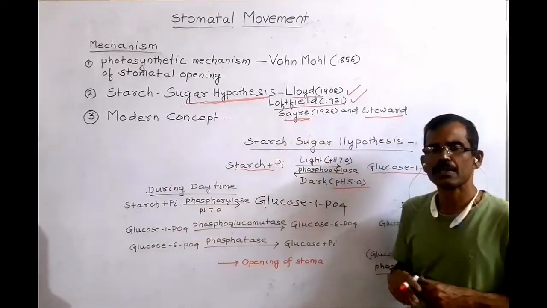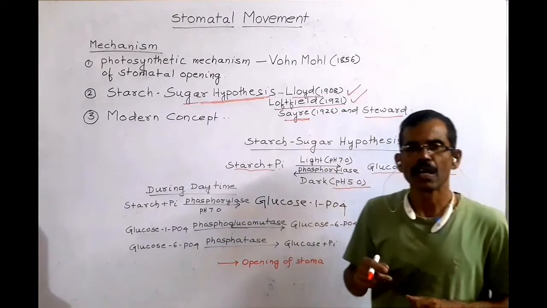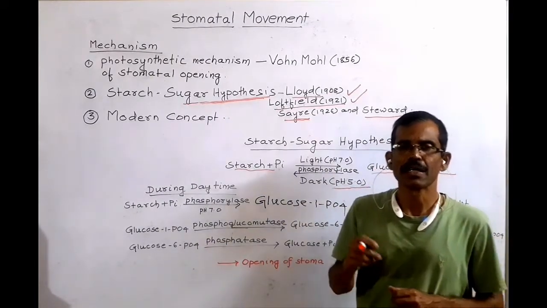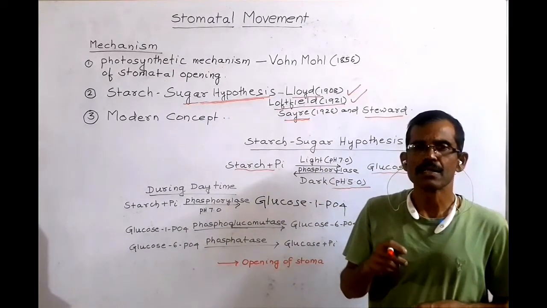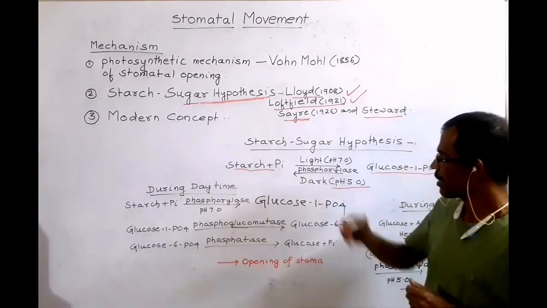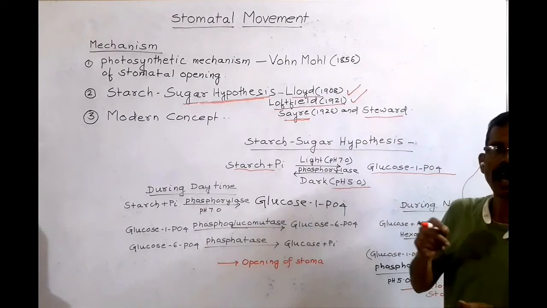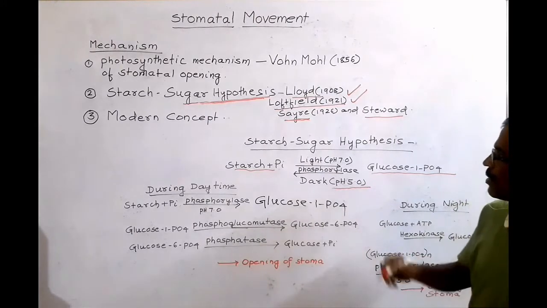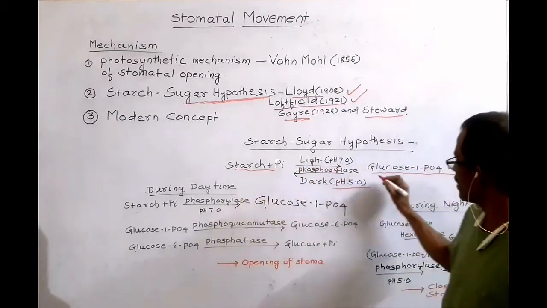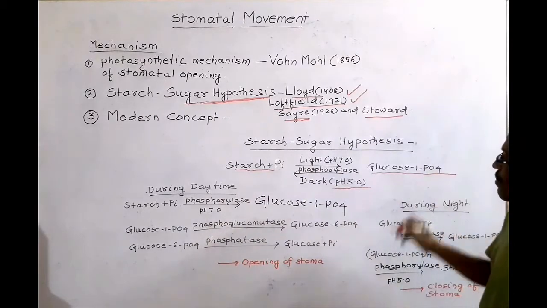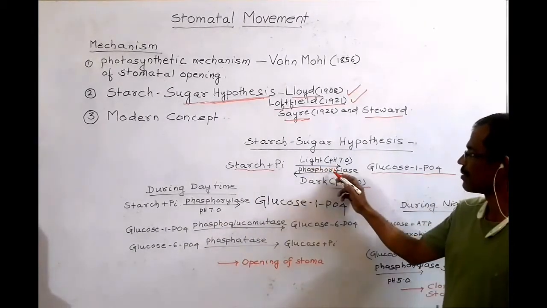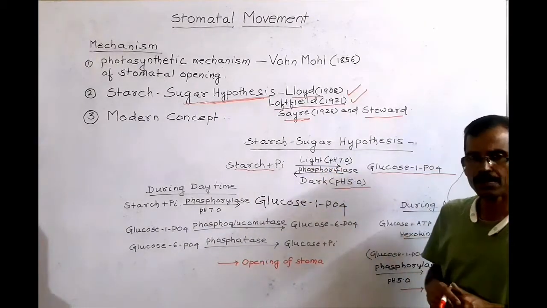Sayre observed that the pH of guard cells increases during daytime and decreases during night time. According to Sayre, because the pH remains high during daytime, starch is broken down into glucose 1-phosphate in the presence of enzyme phosphorylase.